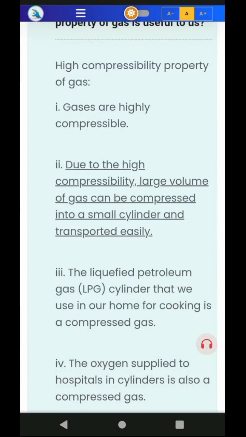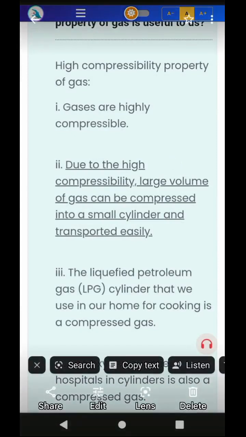This is an example of our LPG cylinder which is used in our home. In that, a large volume of gas can be compressed in a small cylinder. So that's the main purpose of pneumatics, due to high compressibility.